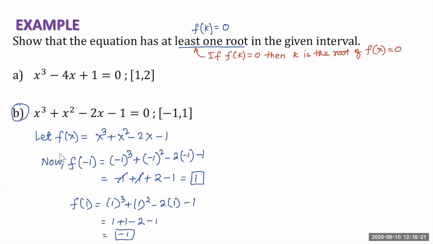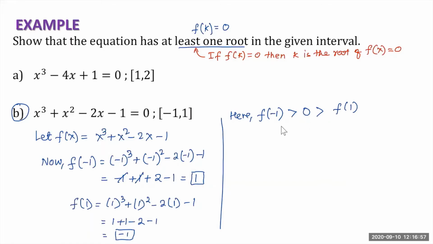That means f of -1 is greater than f of 1. F of -1 is 1, f of 1 is -1. In between 1 and -1, there is a 0. So I can write 0 there, because we are interested in the root. If it is a root, the value of the function must be 0.